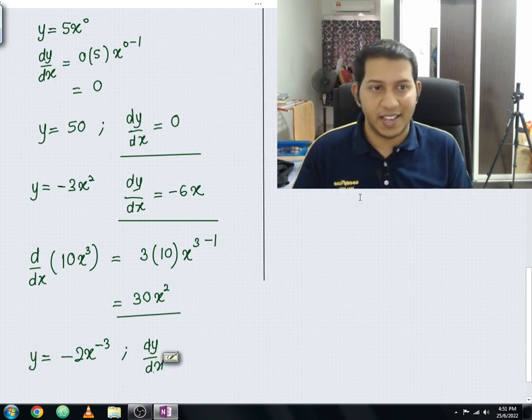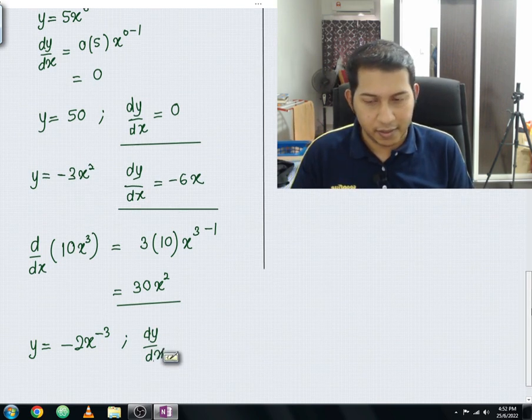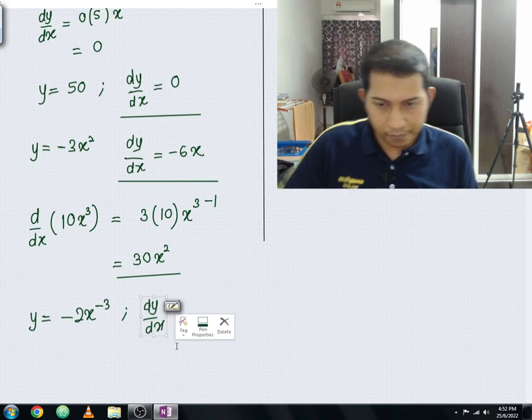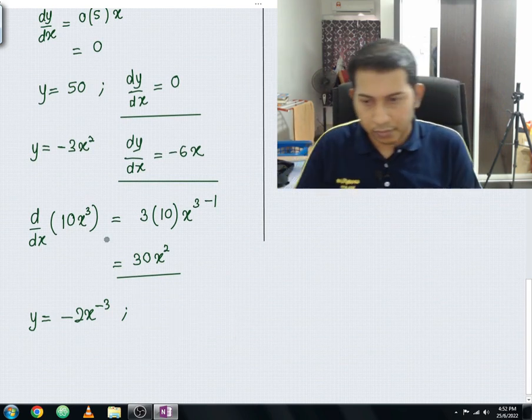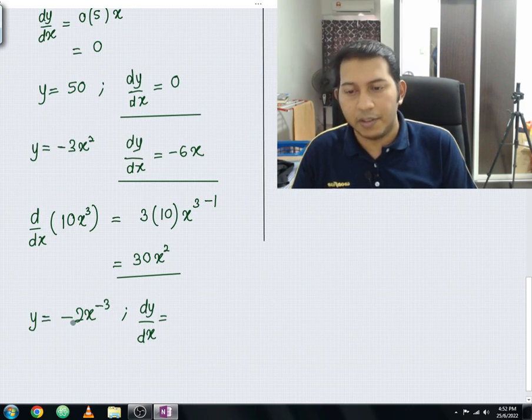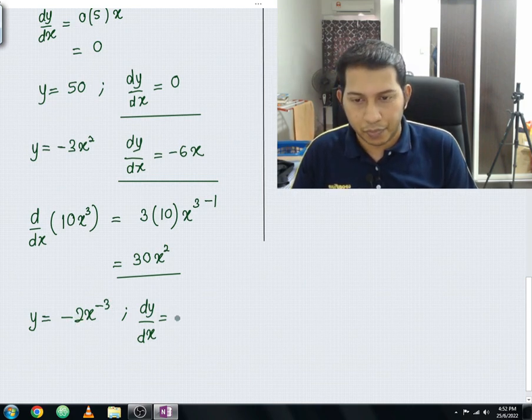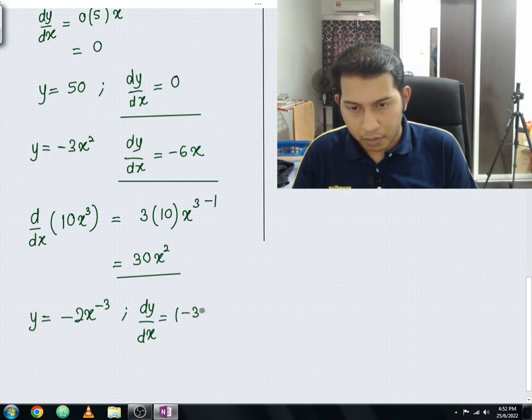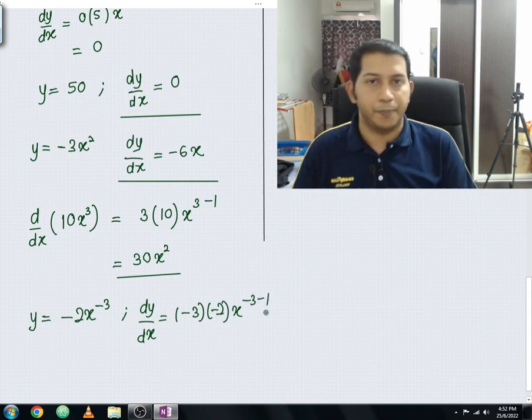Oops, it's hanging guys, so sorry. So dy over dx will be equal to, the negative 3 you times with negative 2. So from here, negative 3 times negative 2. The x will be to the power of negative 3 minus 1.